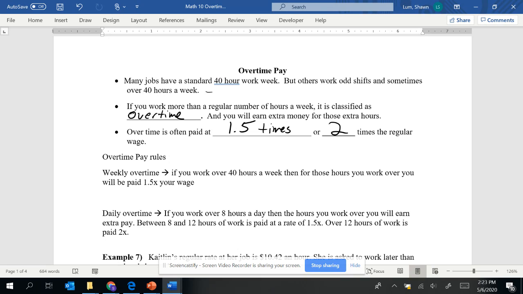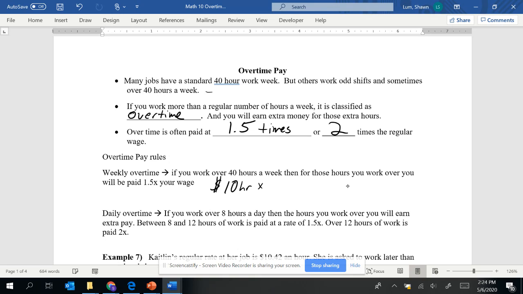There are two different types of overtime. First off, there's weekly overtime. If you work over 40 hours a week, then for those hours you work over, you'll be paid at a rate of 1.5 times your wage. Just to make the numbers easy, if you make $10 an hour and you work overtime, for the hours that you are working overtime you are no longer making $10 an hour.